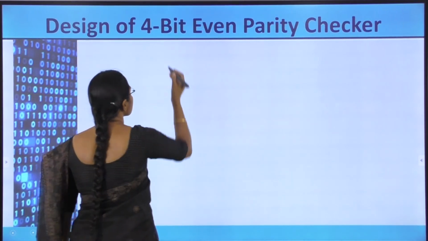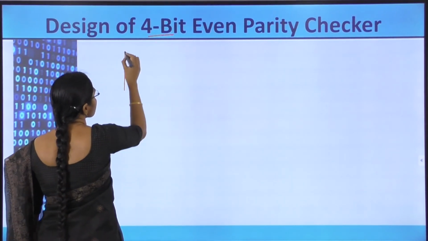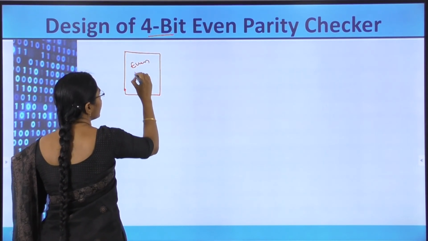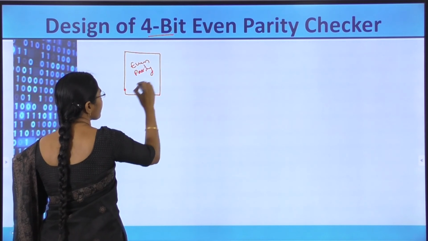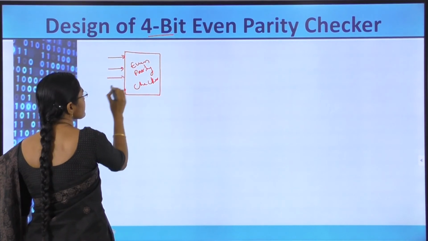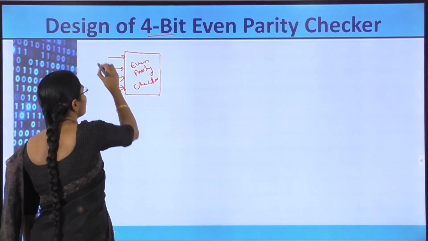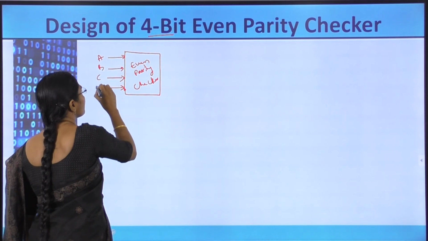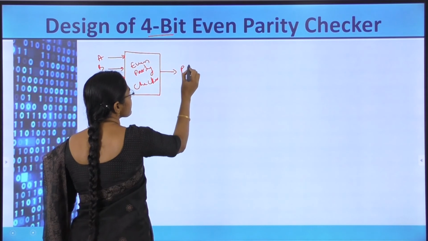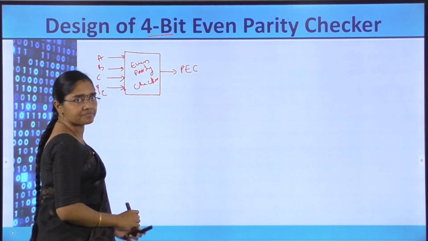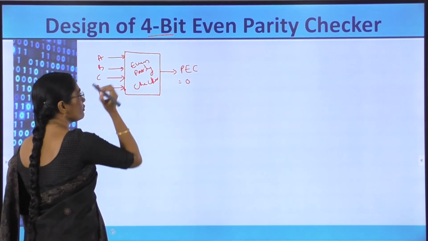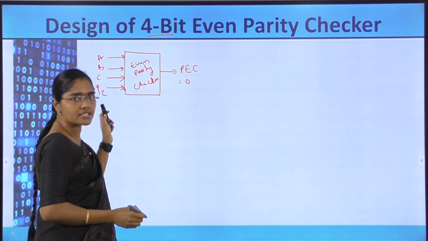Okay. So let's start the design of this, that means the even parity checker. This is the even parity checker with 4 input bits, that is A, B, C with P as the input. Then the output bit is the parity error check, PEC. This PEC is equal to 0 if an even number of ones exist in the input data.